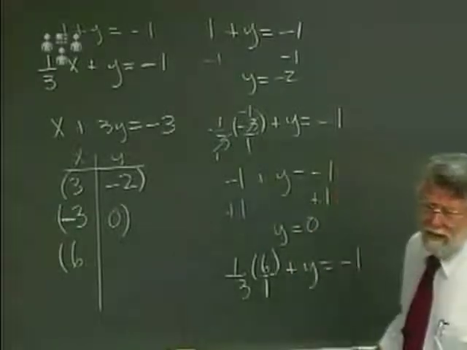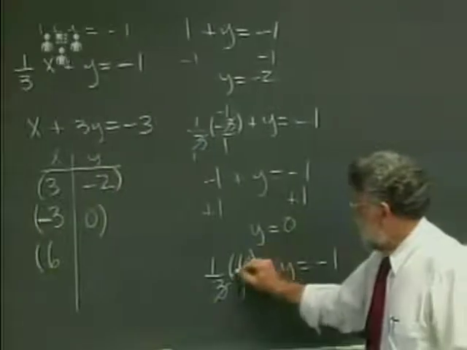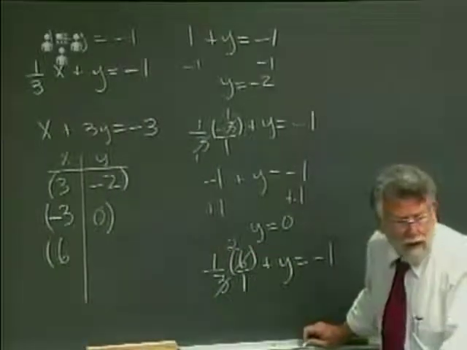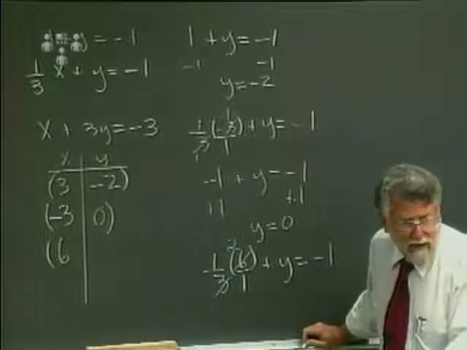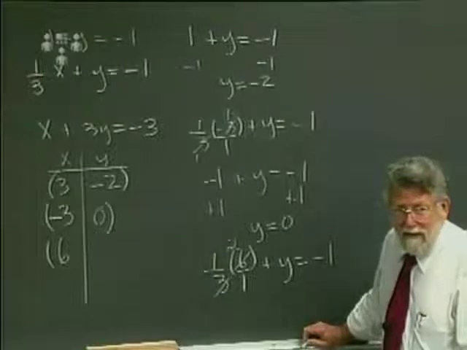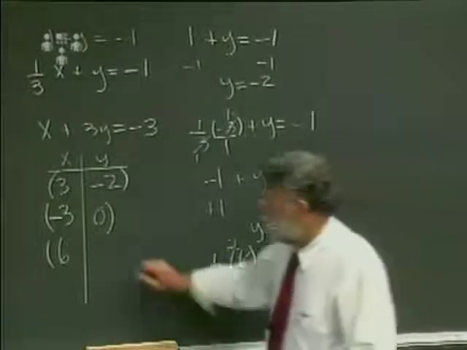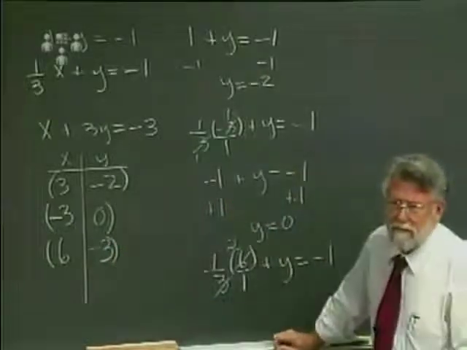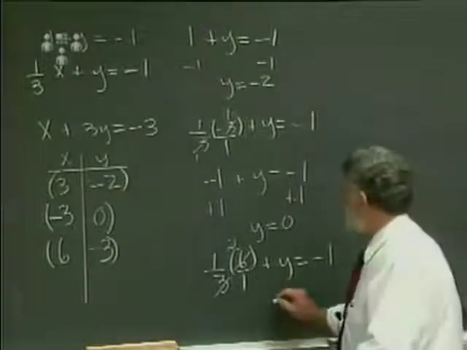But I want to know what y is. So this cancels, giving me a 2. We're doing Austrian subtraction. What do I have to add to 2 to get negative 1? Negative 3.